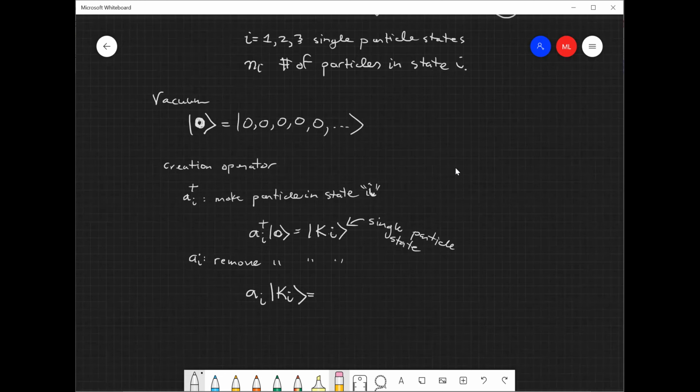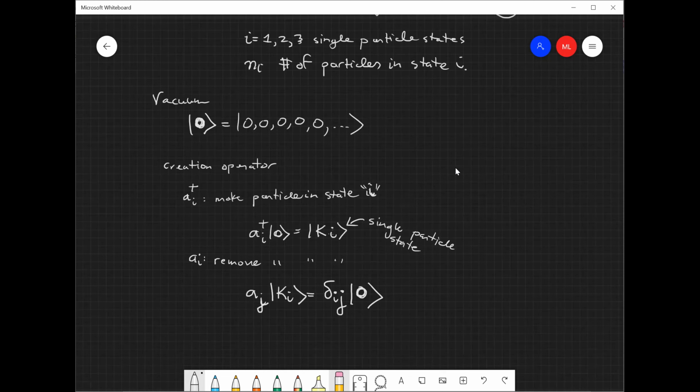Or, if you're annihilating in state J, then you better get 0 unless you're acting on the actual occupied state, and then you get the vacuum again. That's a property that the creation and annihilation operators have to satisfy.